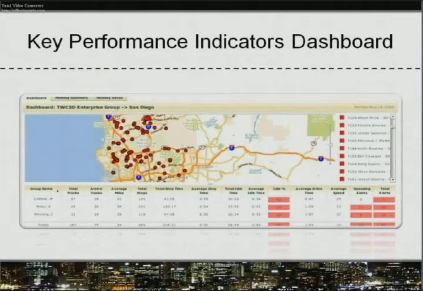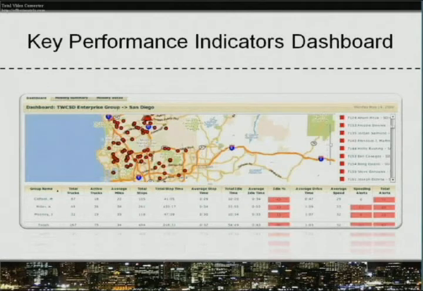Next slide. First of all, key performance indicators on the dashboard. It's a little hard to see the details here, but the idea is that the dispatcher has a full-page map view of the truck's current locations. And for your field operations folks, we have key performance indicators that you can be monitoring in real time.